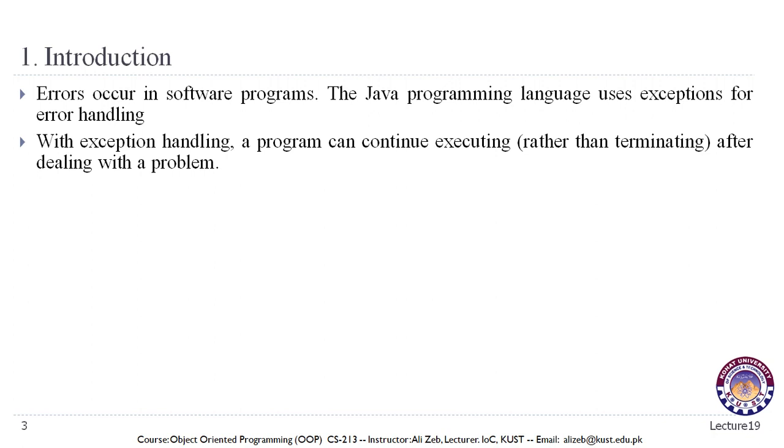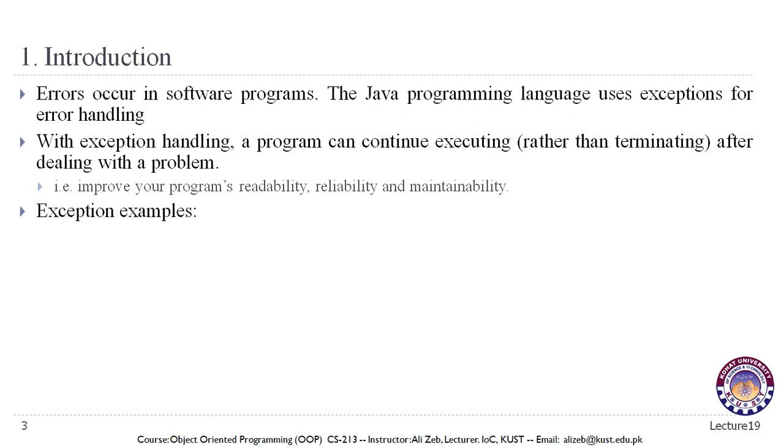What we can do is continue with our program by handling the error in a proper way using exception handling. And it will improve our program's readability, reliability, and maintainability.